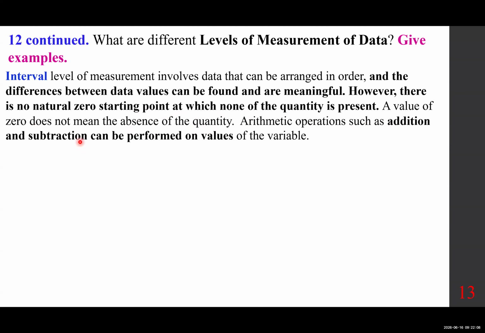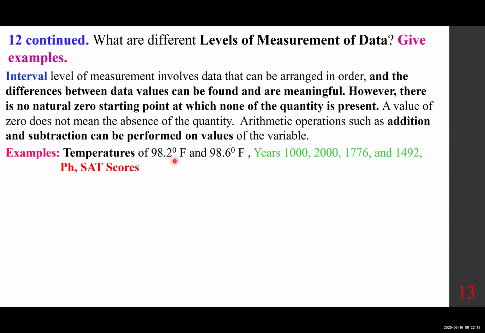Arithmetic operations such as addition and subtraction can be performed on values of the variable. Examples: temperatures of 98.2 degrees Fahrenheit and 98.6 degrees Fahrenheit. Years 1000, 2000, 1776, 1492. pH, SAT scores. So their difference has a meaning, but there is no natural zero.